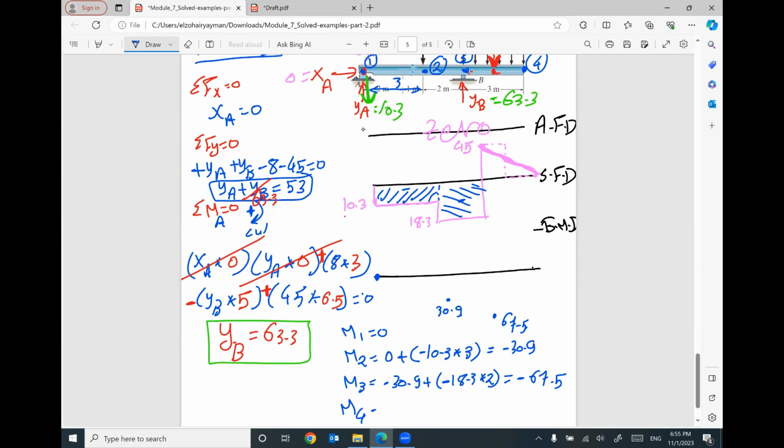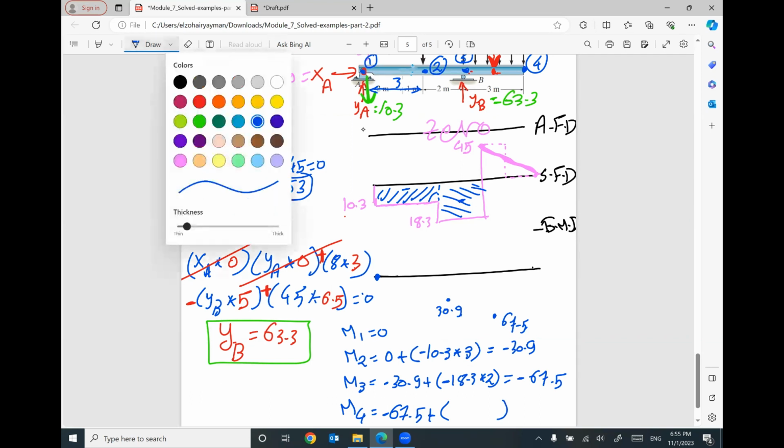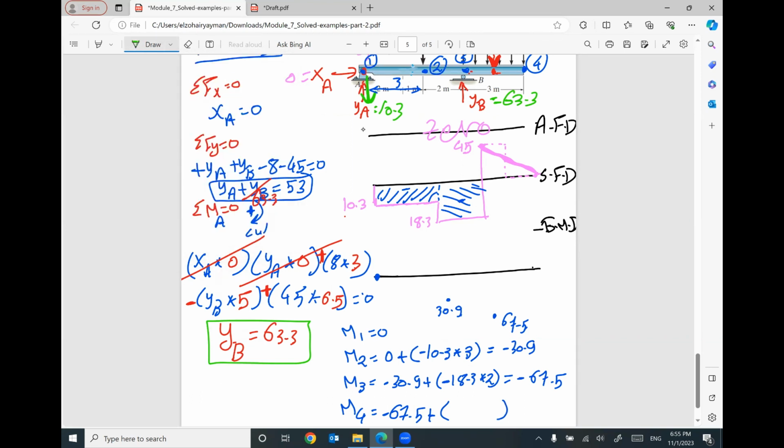M4 will equal the previous value, negative 67.5, plus area of shear force diagram between the 2 points, 3 and 4. Anybody in this meeting can tell me what is the area of this triangle? It's positive. It will be positive 1/2 times 3 times 45.